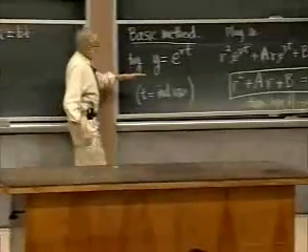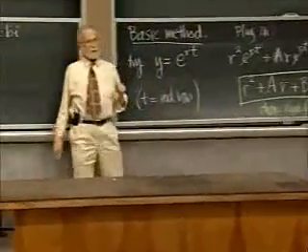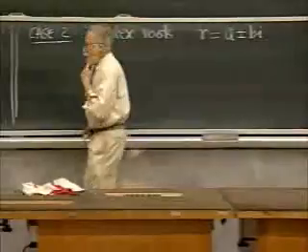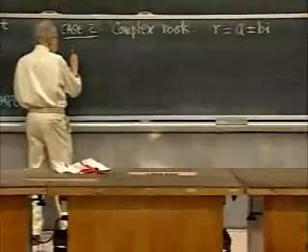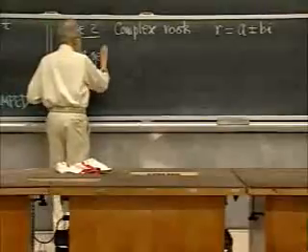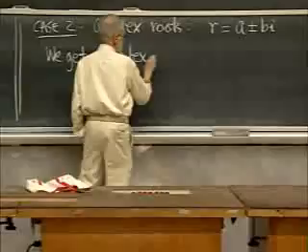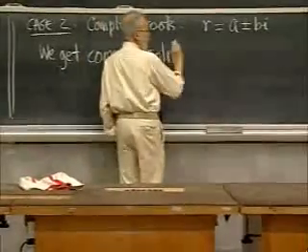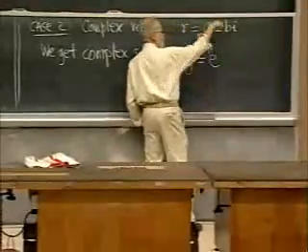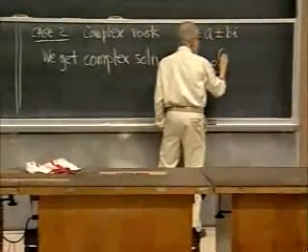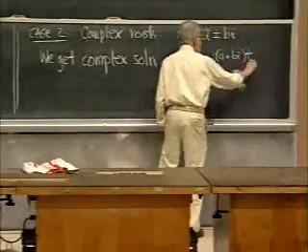Well, remember, it's this r when we tried our exponential solution. So formally, this means we get a complex solution: y equals e to the a plus bi times t.